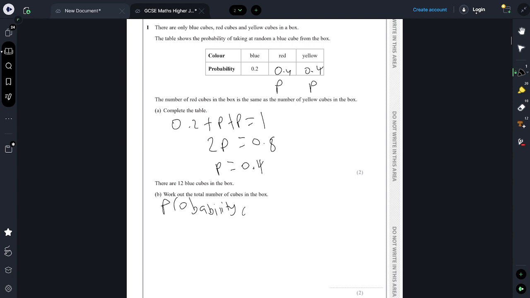Let's just say the probability of picking a blue cube.